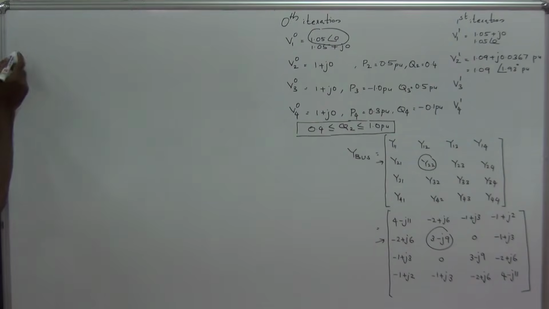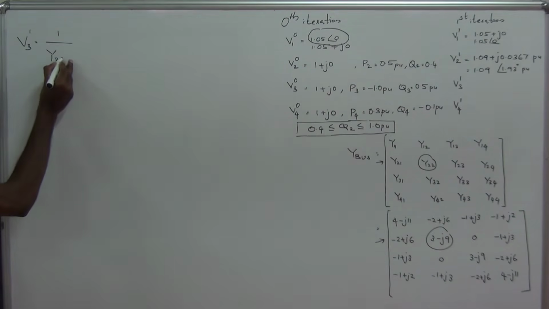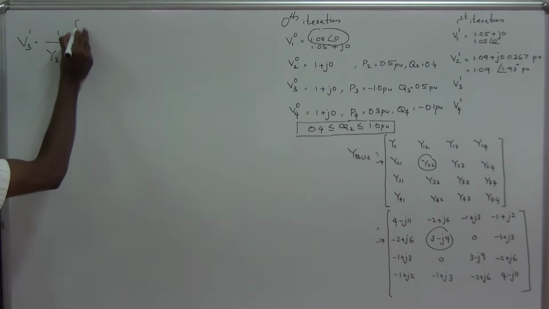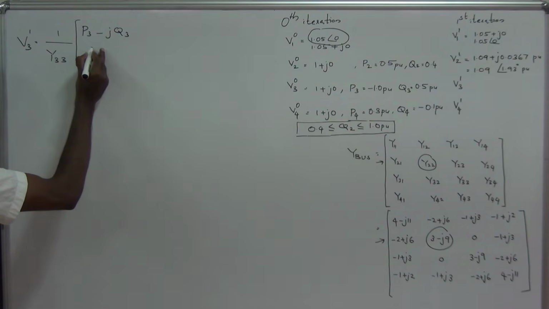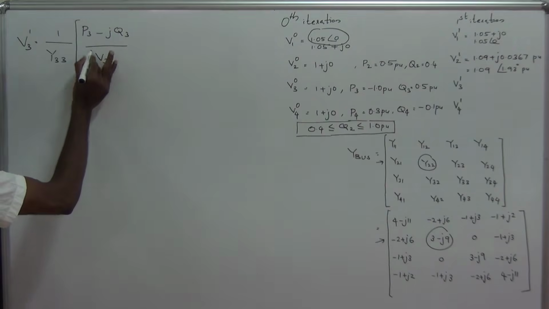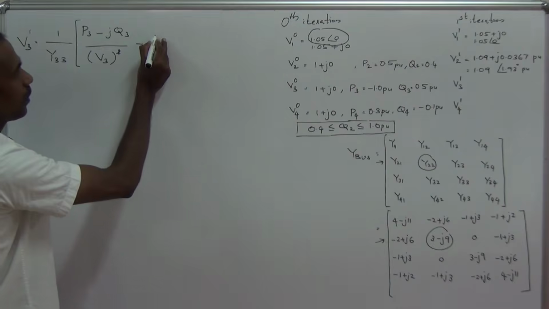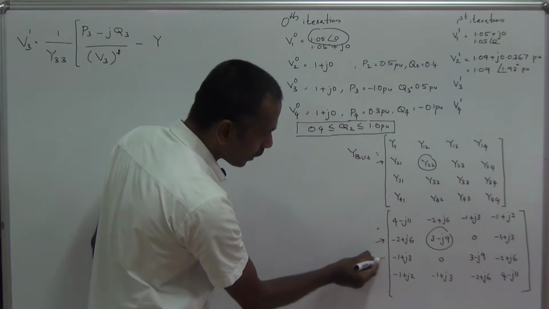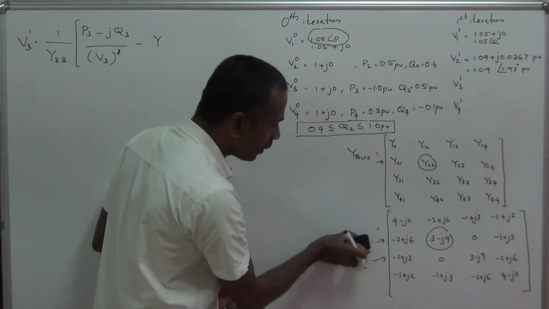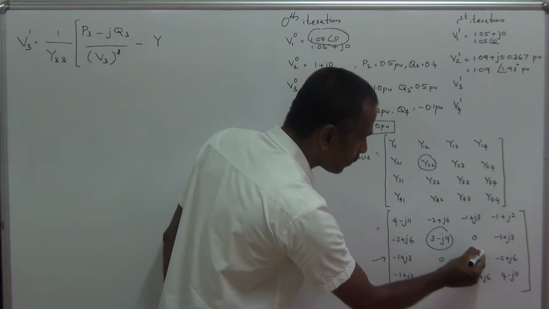So V3 equals 1 by Y33 into (P3 minus jQ3 divided by V3 conjugate minus, here we are finding out the third bus voltage. So we consider all the elements in the third row except the diagonal element.